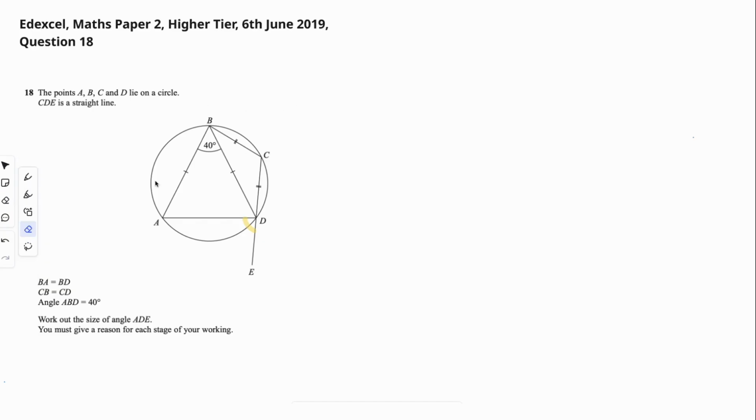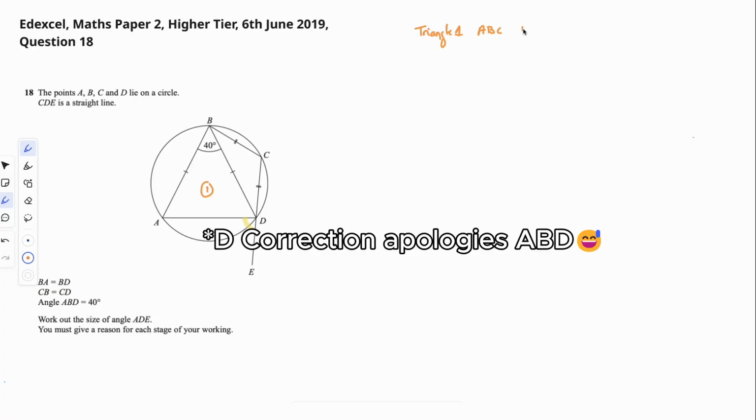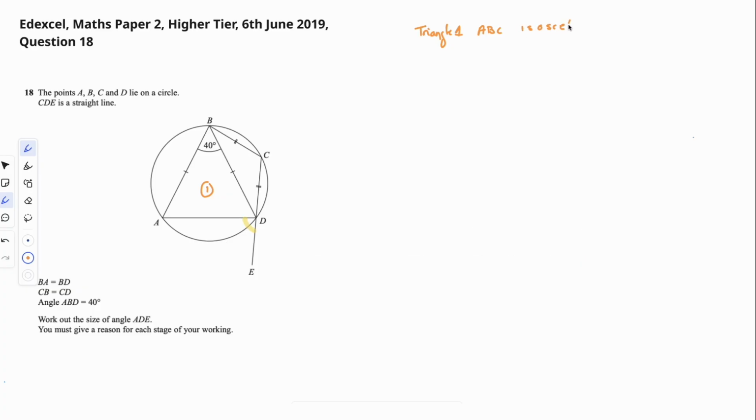So let's label our triangle here. Let's call this triangle 1. Triangle 1, which is ABD, is an isosceles triangle, and therefore we know that the angle BAD is equal to the angle BDA.